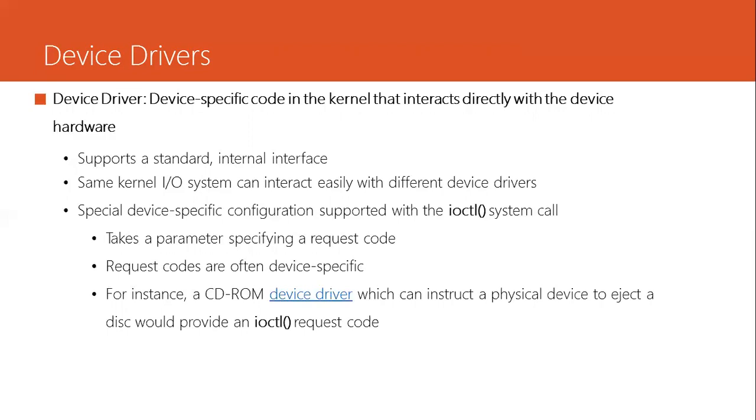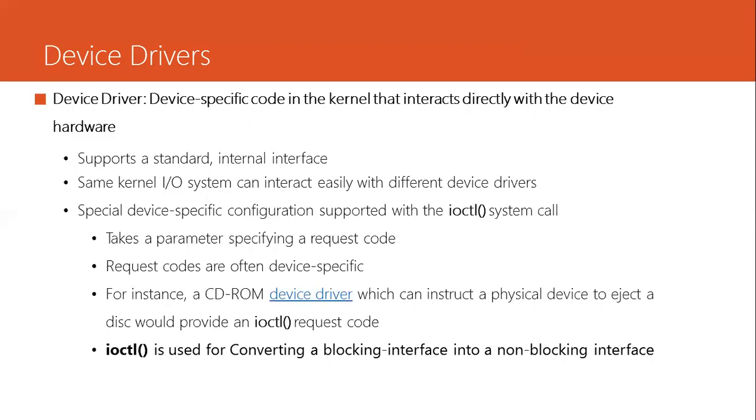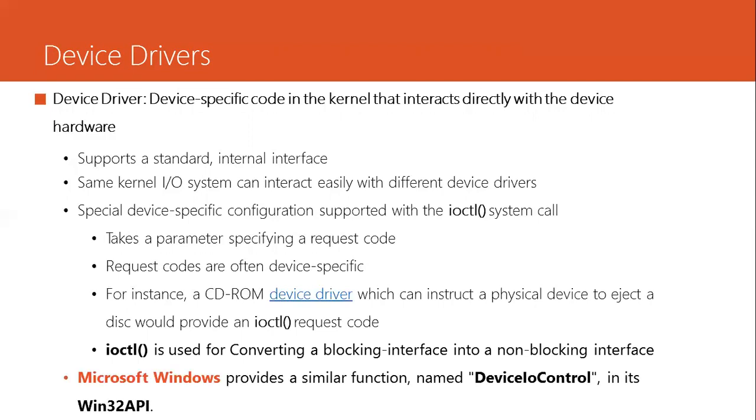For example, if you are dealing with a blocking interface, you would require the services of ioctl to change it to a non-blocking interface. So you would first open that device and then do an ioctl on that device to turn it into a non-blocking interface. Microsoft Windows provides a similar function named DeviceIoControl in its Win32 API.